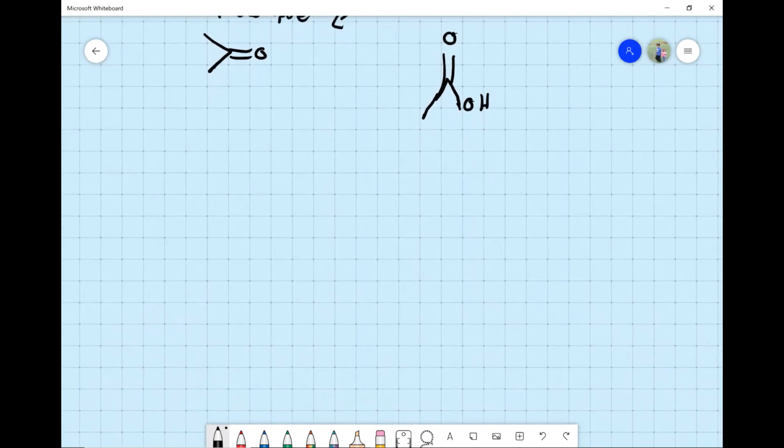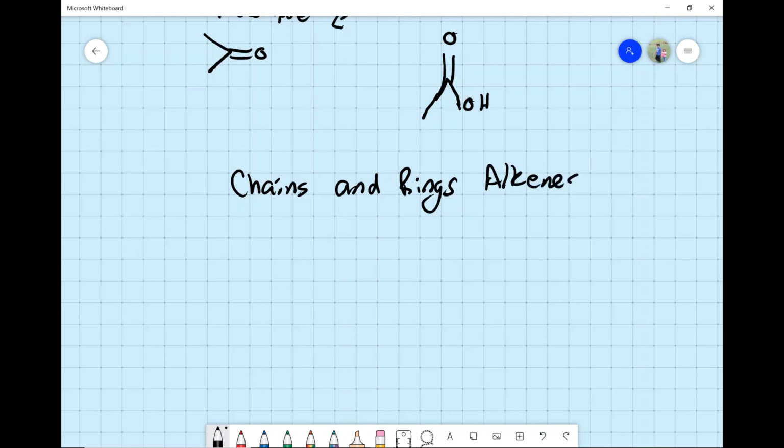And so if we have now, so we'll just kind of do chains and rings. This is alkenes. And so double bond. And so this is pentene.